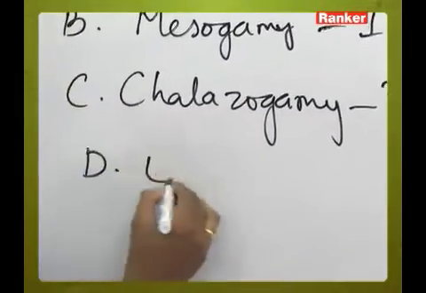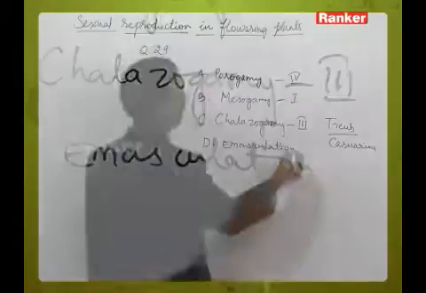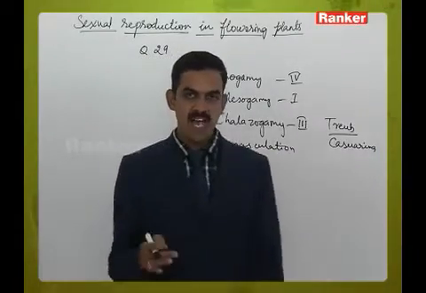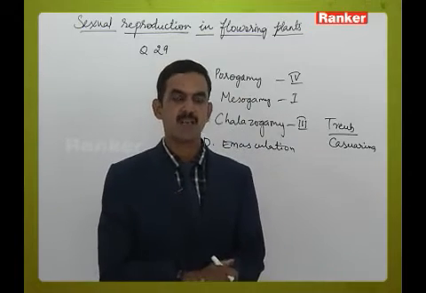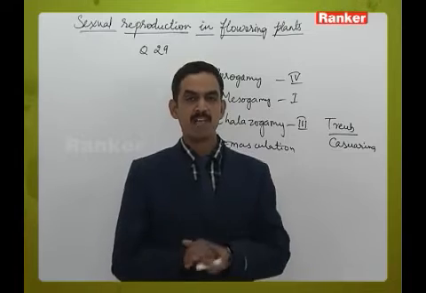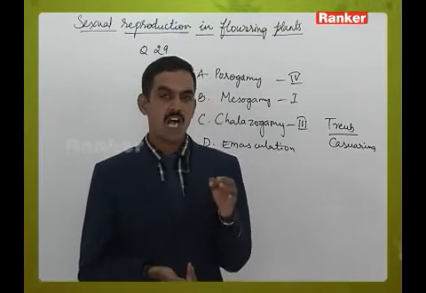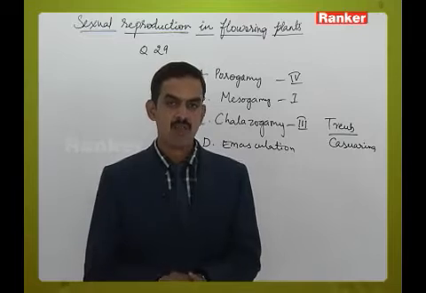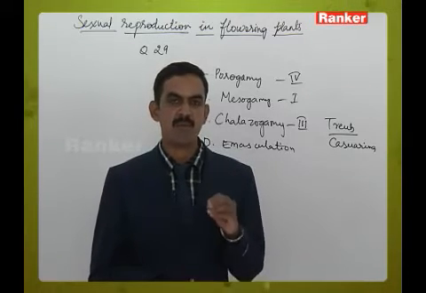Then D, emasculation. During the artificial hybridization process, two parents are selected, one a male parent and the other a female parent, both having bisexual flowers. In order to avoid self-pollination, the stamens or anthers are removed from the female parent.